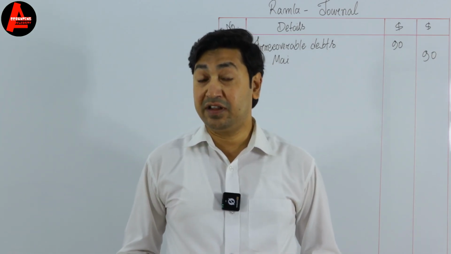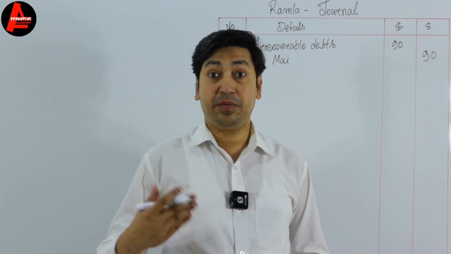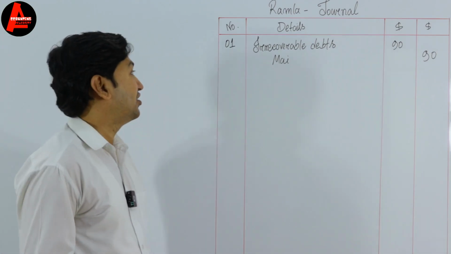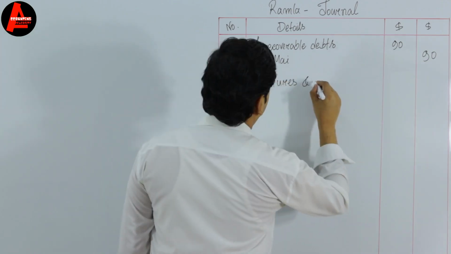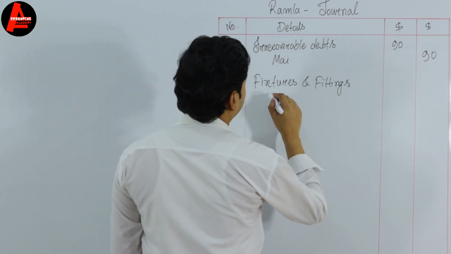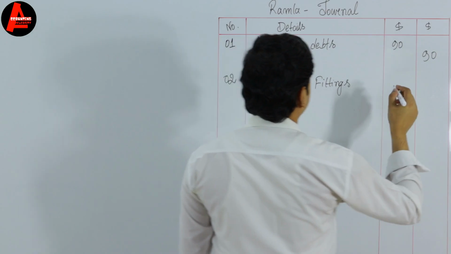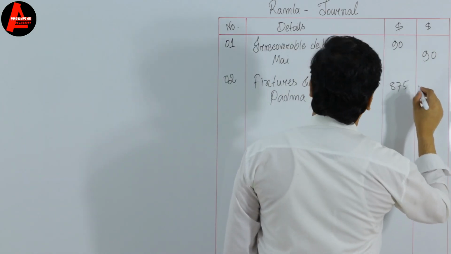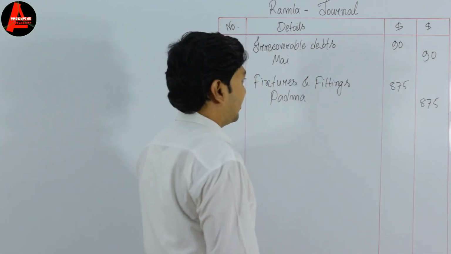Purchased on credit means money is not yet paid. This asset is purchased from Padma, so Padma will be credited. So let us write here number 2, fixtures and fittings account to be debited and Padma account to be credited. The amount is 875 on the debit and 875 on the credit column.